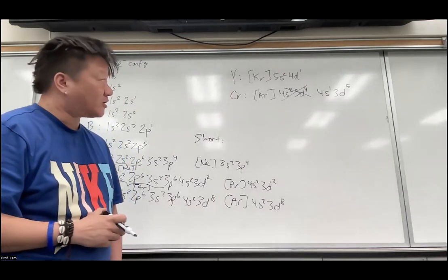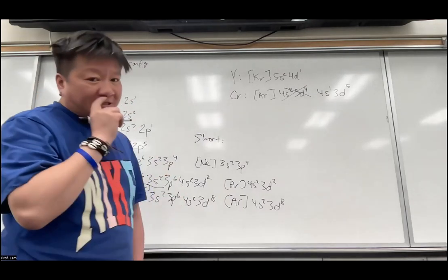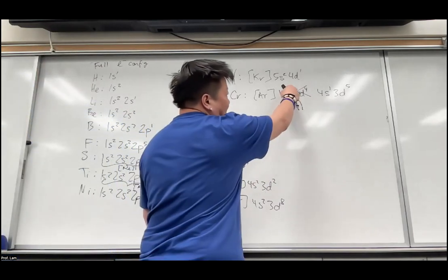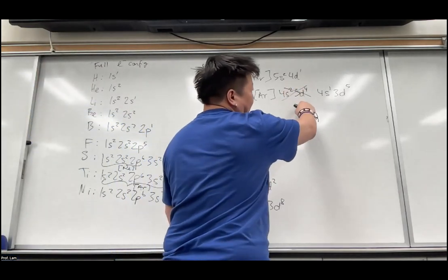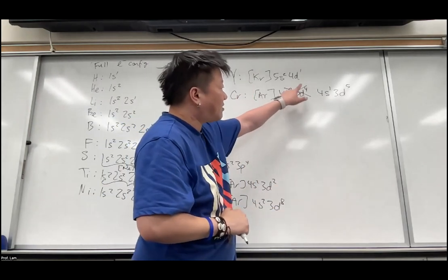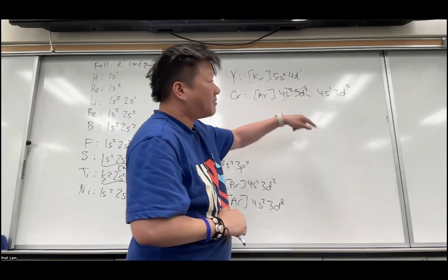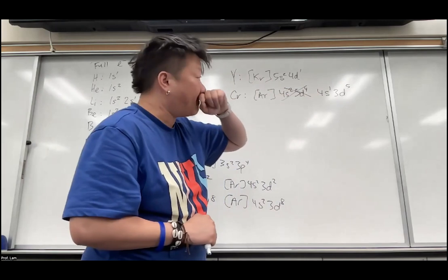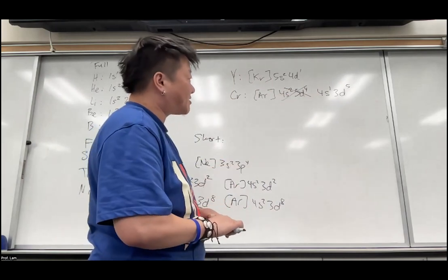Okay, that's the actual configuration of chromium. So it's not following all the rules here. What is happening is one of the s electrons is going into the 3D orbital, right? One of the s electrons gets added to here, so it becomes 4s1, 3d5. You still have 6 valence electrons, right? They just got moved.